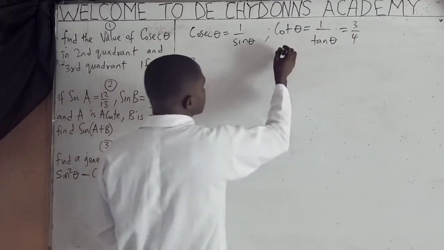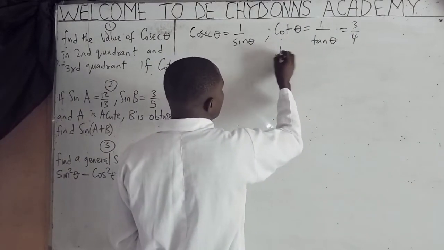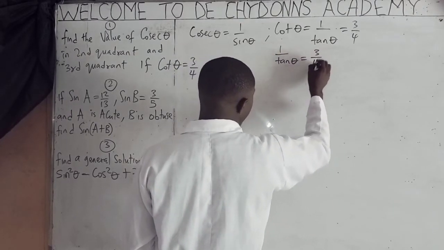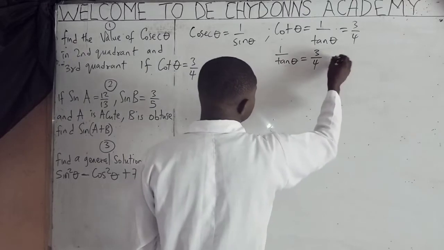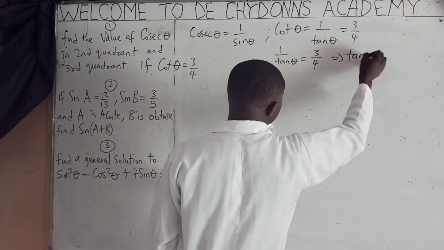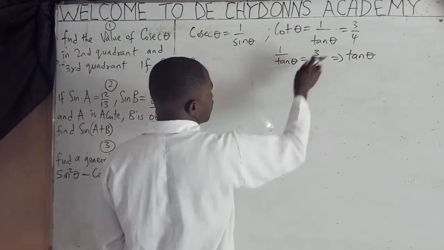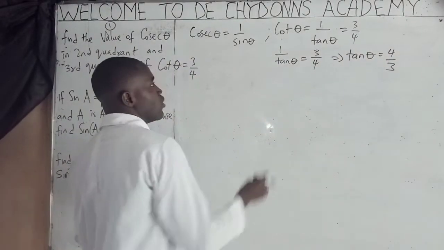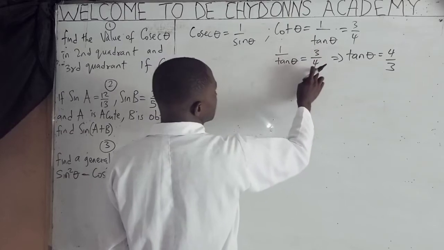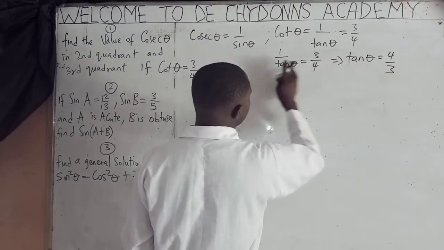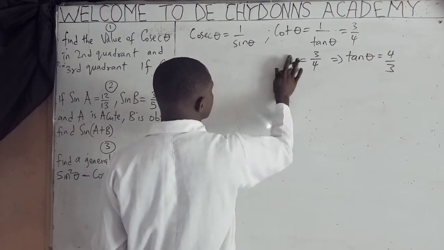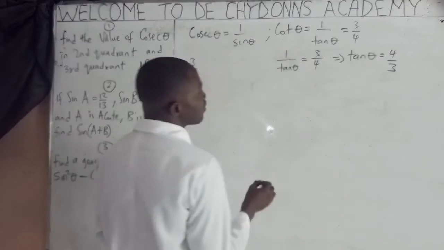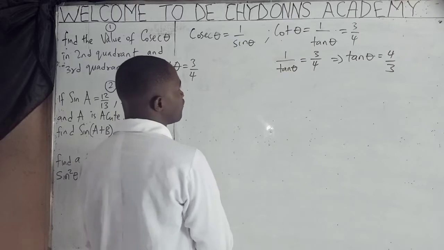Since 1/tan theta is equal to 3/4, the implication is that tan theta will be equal to 4/3. When 1/tan theta is 3/4, tan theta is 4/3. Let's write it well: 1/tan theta equals 3/4, then tan theta equals 4/3.